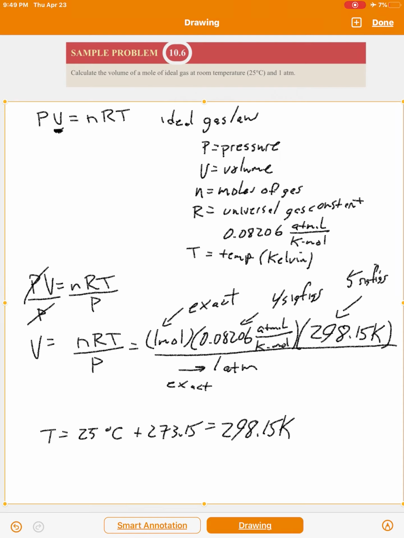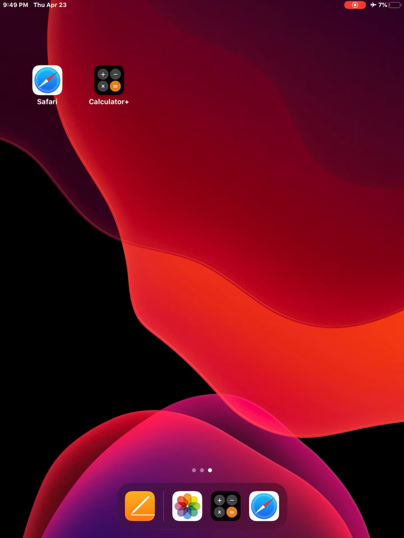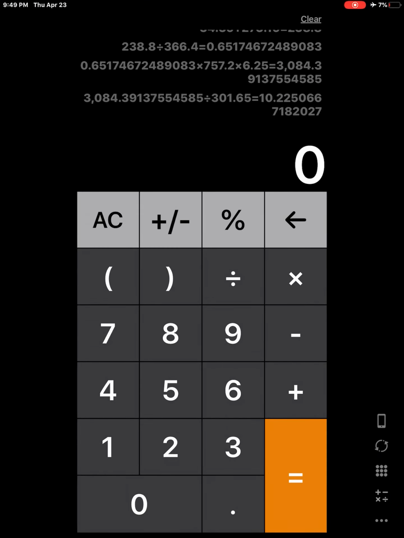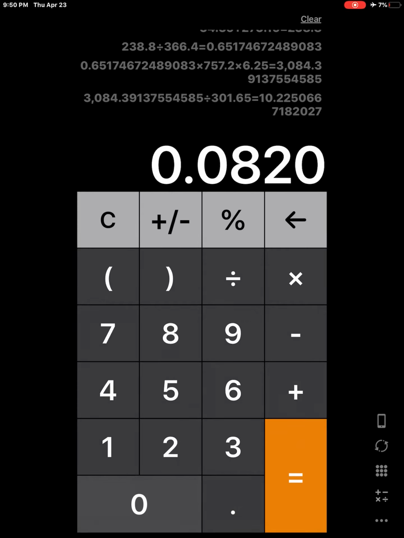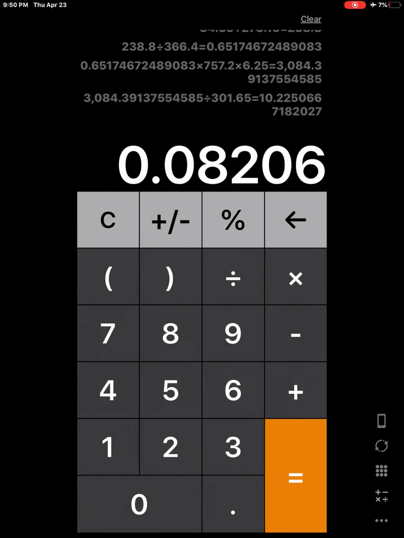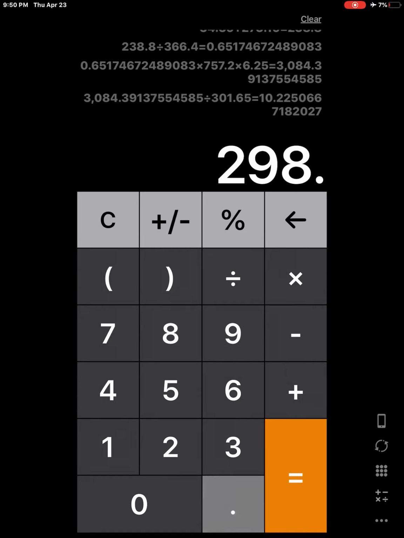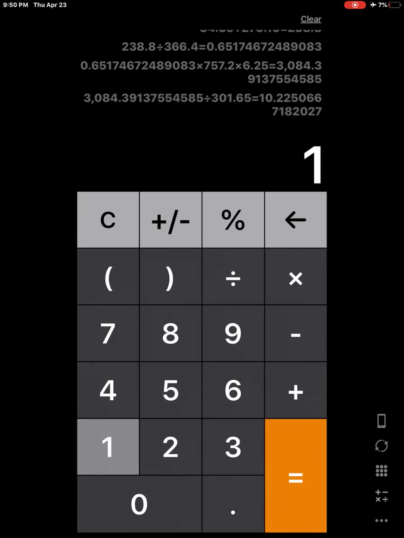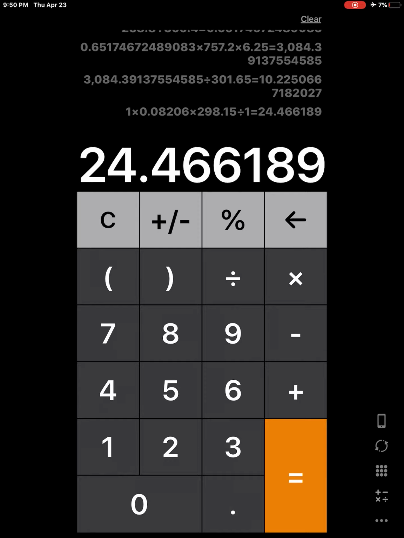Now your author might use 298, and then in that case it would be 3 sig figs. Okay? So here's what we get. It's actually a famous numerical result. 1 times 0.08206 times 298.15 divided by 1, and you get 24.47.